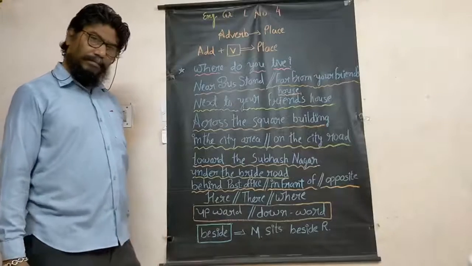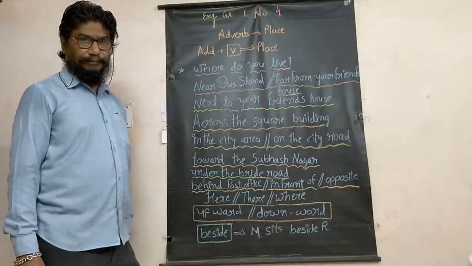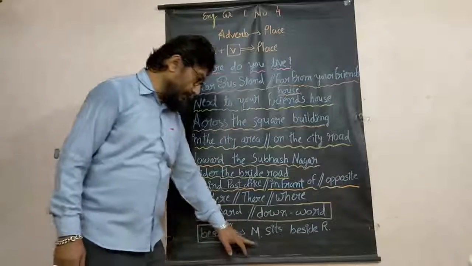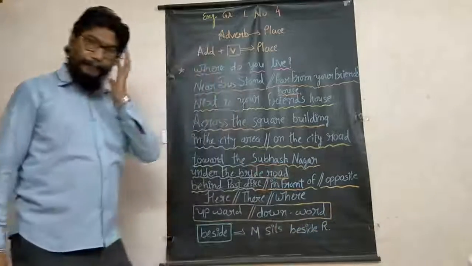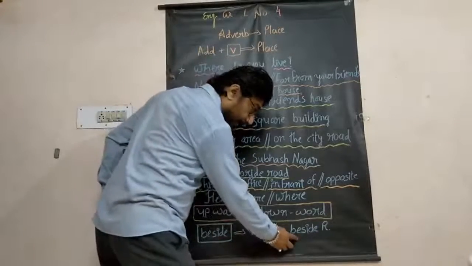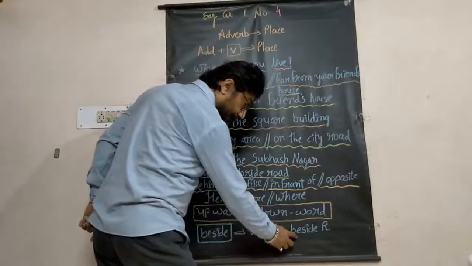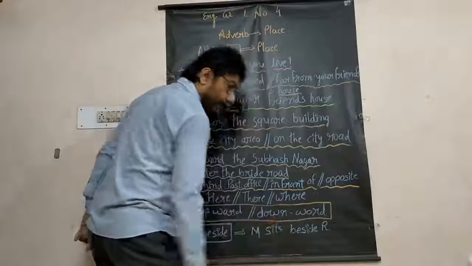Next to that, beside. Mira sits beside Radha. What does beside indicate? Beside indicates the place of Mira concerning Radha.